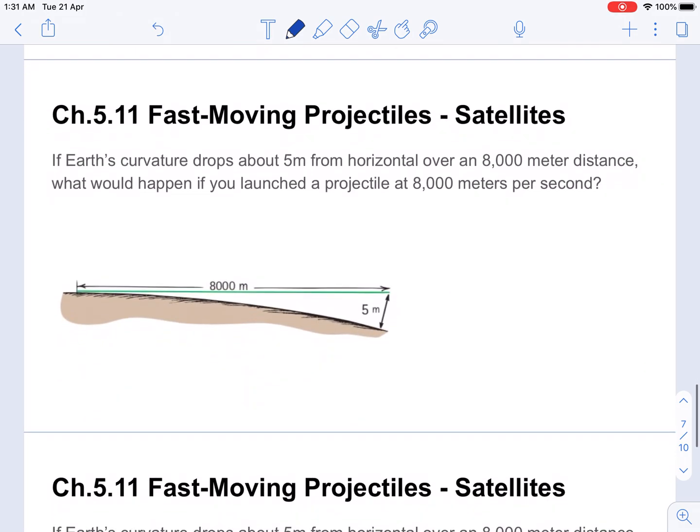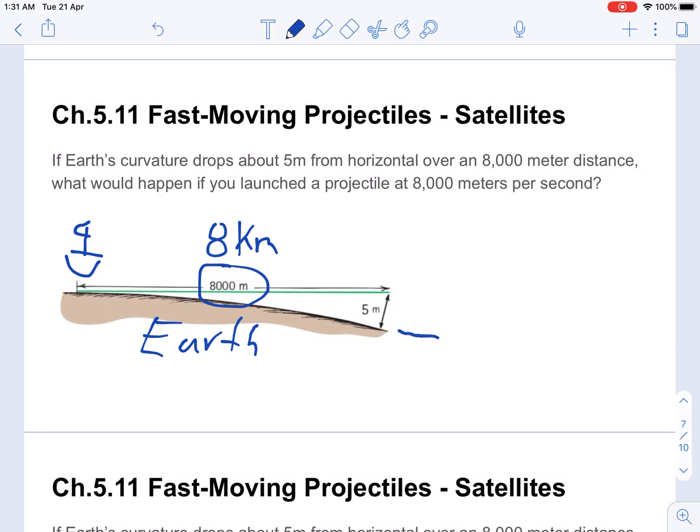And so the curvature of the Earth, it turns out that there's a curvature of 5 meters from the horizontal every 8,000 meters. What that means, and the book does a good job of explaining this, is that if you were in a boat on the ocean, here's a primitive looking boat, and 8 kilometers, or 8,000 meters, away there was another boat on the horizon, that would actually be down here.